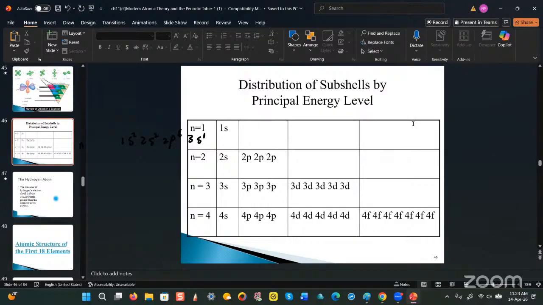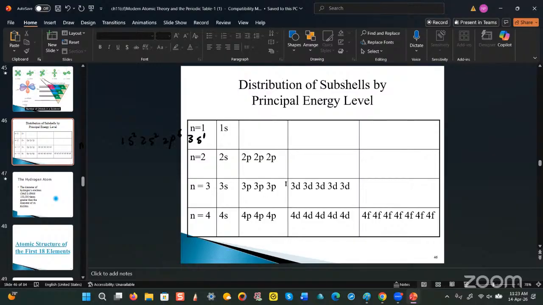So in the first sublevel you have only a 1s orbital, so the maximum capacity there is 2. Same thing for the 2s orbital. But because you have 3 2p orbitals within that sublevel, the maximum capacity is 6, because each of them can have 2 electrons.